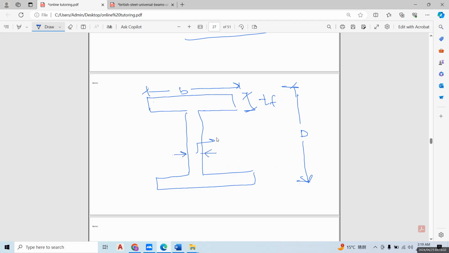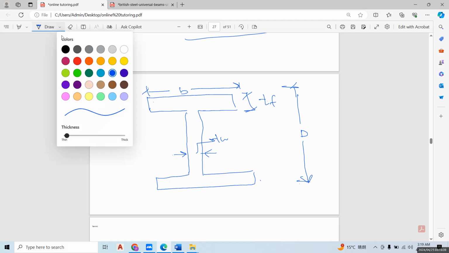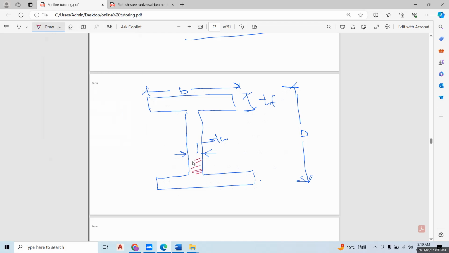This thickness of flange is equal to this thickness of flange. Basically, we are finding this area, the shear area, which is AV. So how can we find it? It is D minus 2 times thickness of flange.